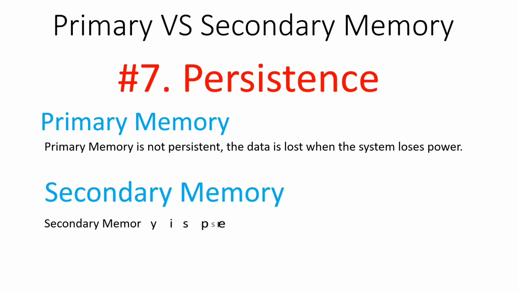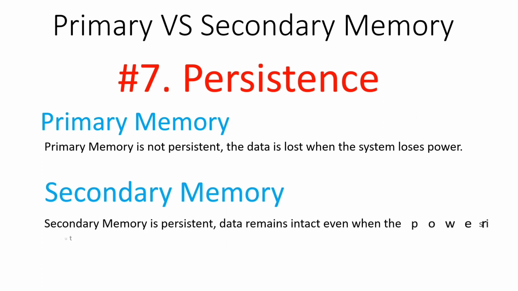Whereas in case of secondary memory, it is persistent and the data remains intact even when the power is turned off. It means the secondary memory can hold the data even if the power is turned off. The data remains complete without any damage. So primary memory is not persistent or constant, whereas secondary memory is persistent or the constant type of memory.